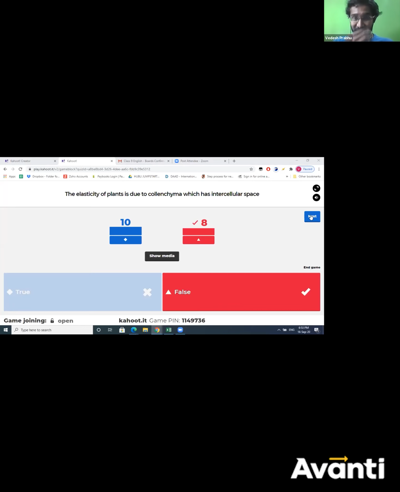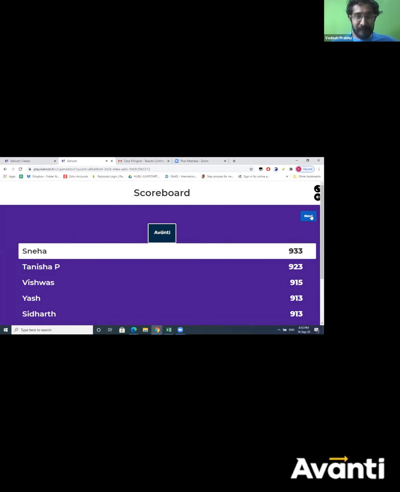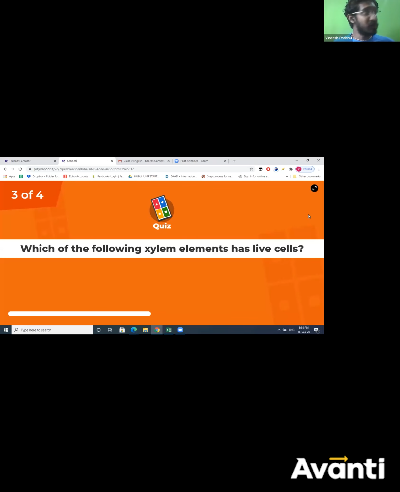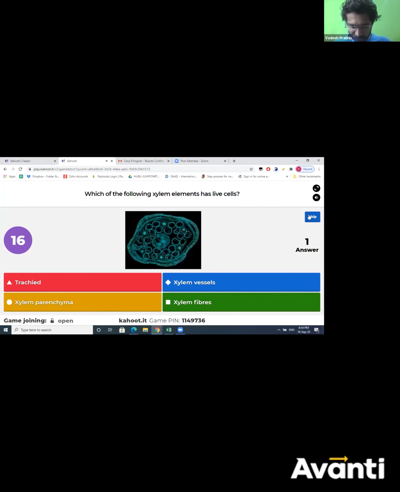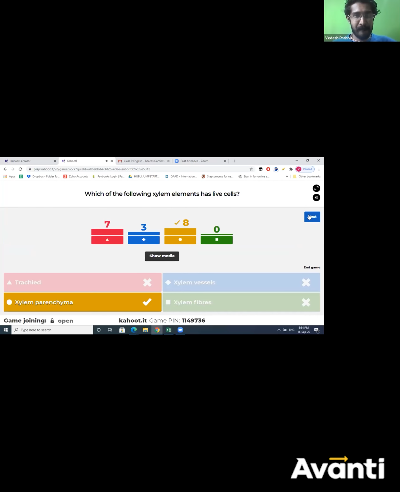Please carefully notice the structure and everything. You see, only the xylem parenchyma is the allied cells in your entire xylem. So please remember this.